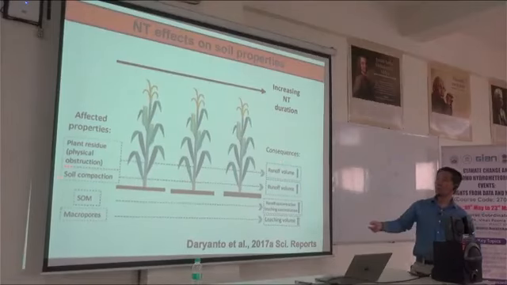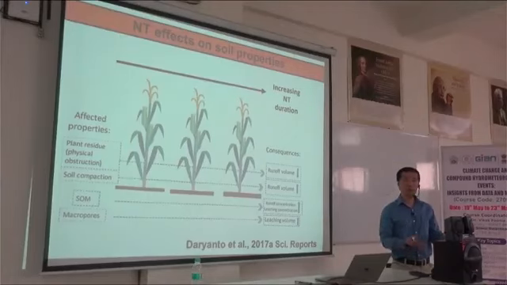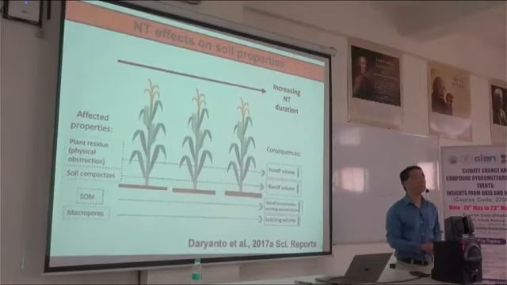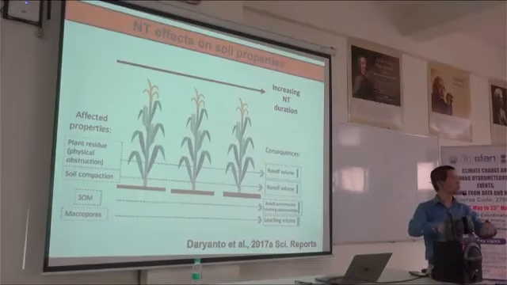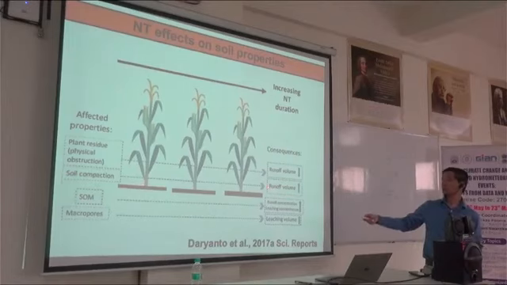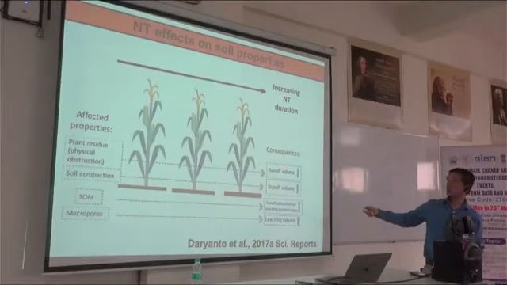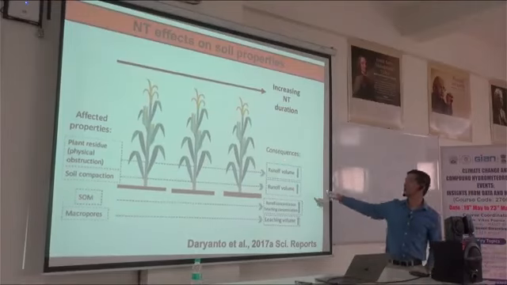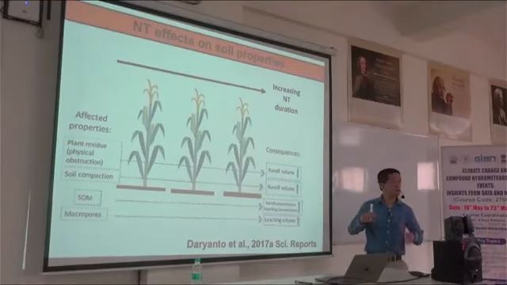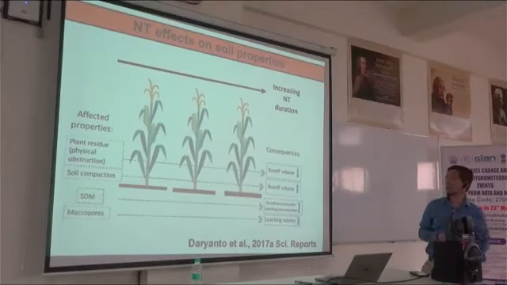But at the same time, if you do no-till for a very long time, the soil will be compacted, so water does not easily infiltrate the soil. The soil compaction will actually increase runoff. So no-till could either reduce or increase runoff, depending on how long the practice is and on the particular situation.